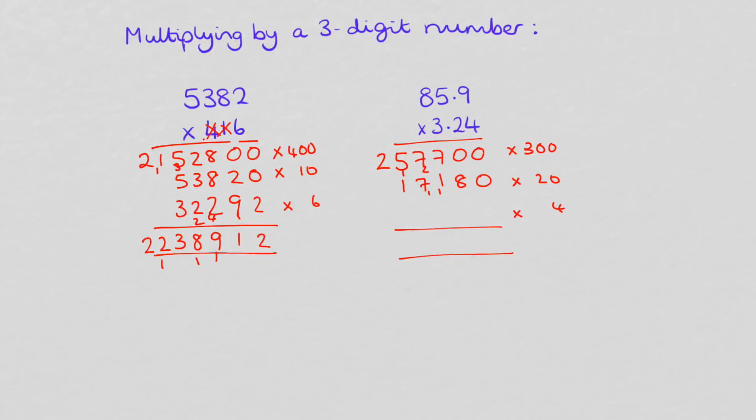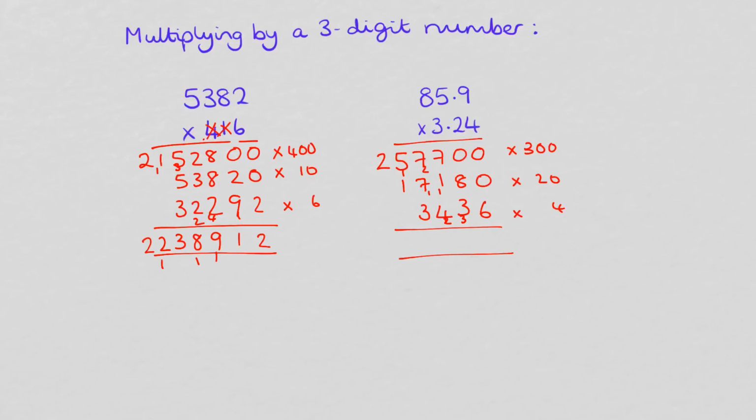And then lastly, we're multiplying by 4, so we don't need any zeros at the end. So 9 4s are 36. 5 4s are 20. Add the 3. 8 4s are 32. Add the 2, makes 34.